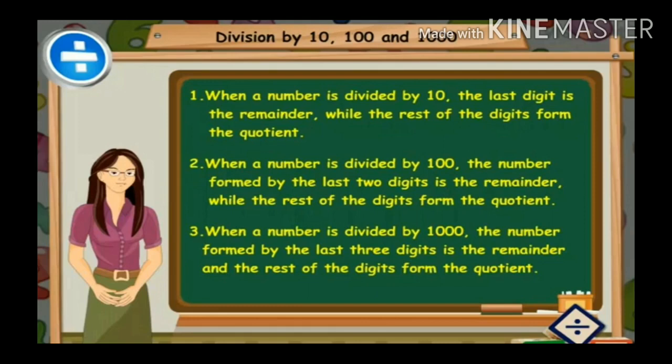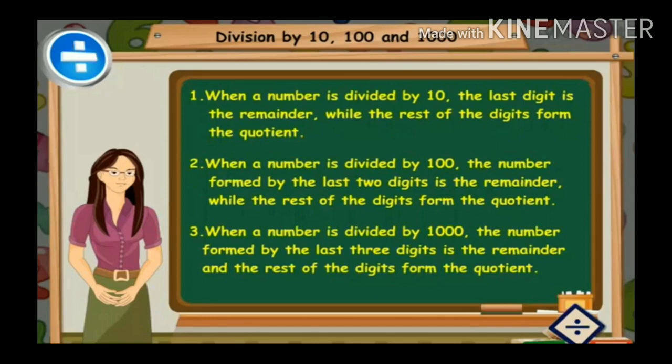Here I am going to give a quick reminder for division by 10, 100 and 1000. When a number is divided by 10, the last digit is the remainder while the rest of the digits form the quotient.